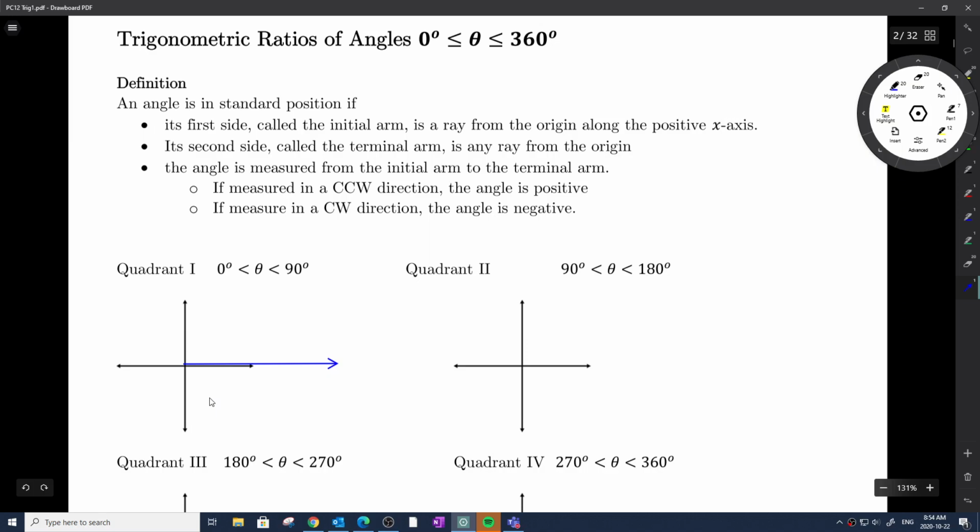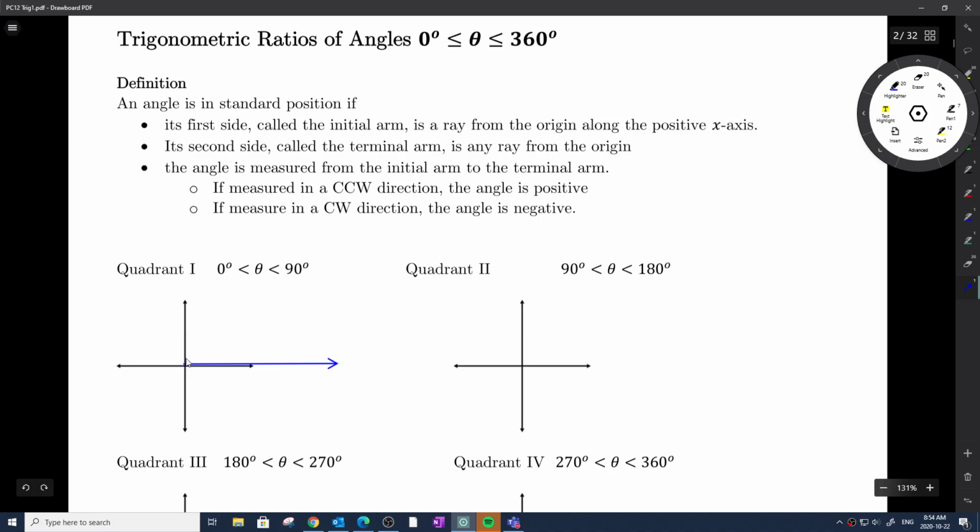So this is what is required for an angle in standard position. The second side, called the terminal arm, is a ray from the origin, any ray from the origin. Okay, so that makes sense. An angle is measured from the initial arm to the terminal arm.